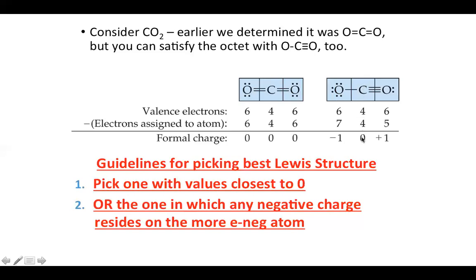Carbon would still have a formal charge of 0, and then the right oxygen would get a formal charge of +1 because there's 1, 2, 3, 4, 5 electrons assigned to it. So we would go with the left structure instead of the right structure, even though both satisfy the octet rule, because the left structure is giving us formal charges of 0, whereas the right one does not.